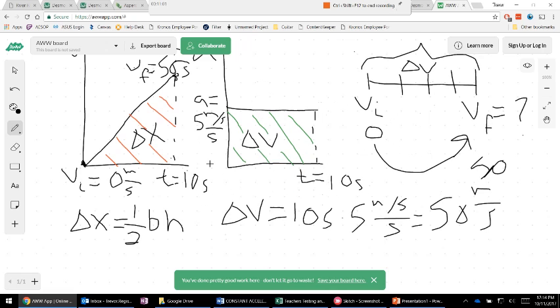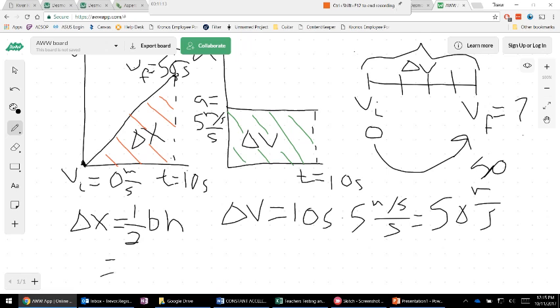Now, if I want to calculate this area, I figure out the base and the height. So the base here, like in the other one, is 10 seconds. And then the height is that final velocity right there, so 50.